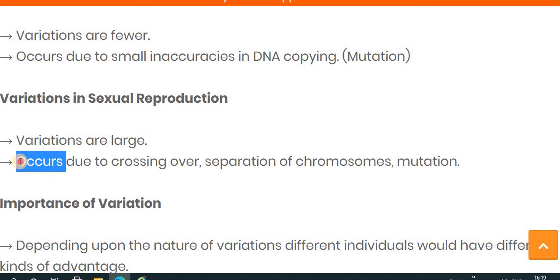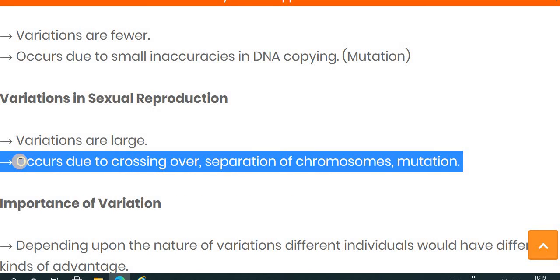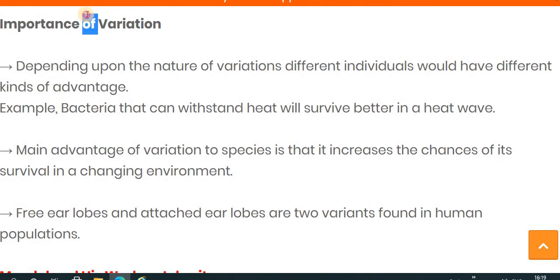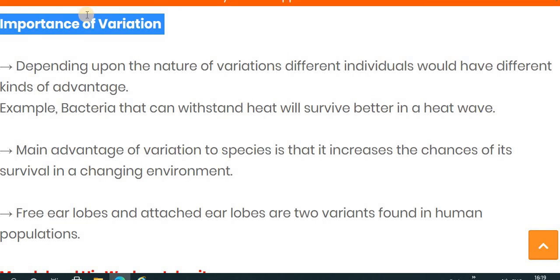And this variation mainly occurs due to crossing over, the separation of chromosomes, and also mutation. Now let's see the importance of variation, why variation is necessary.